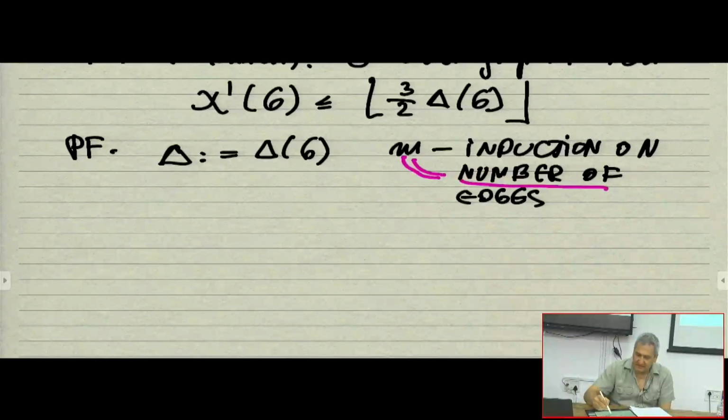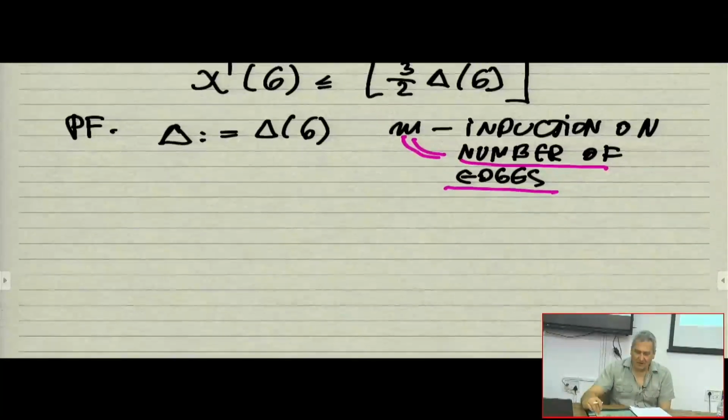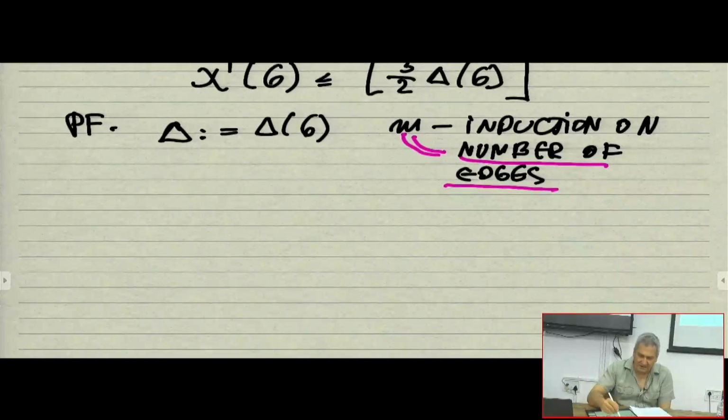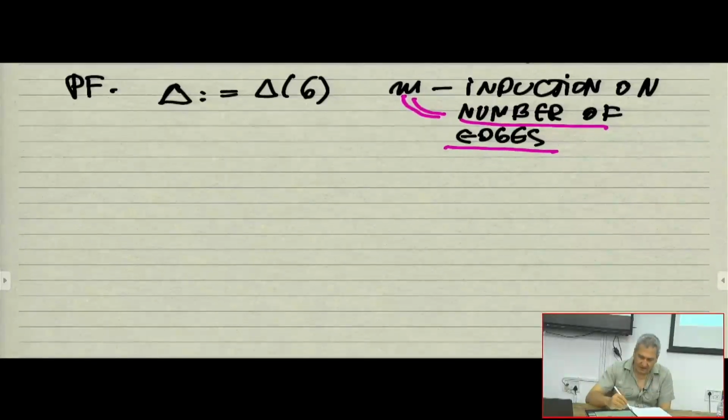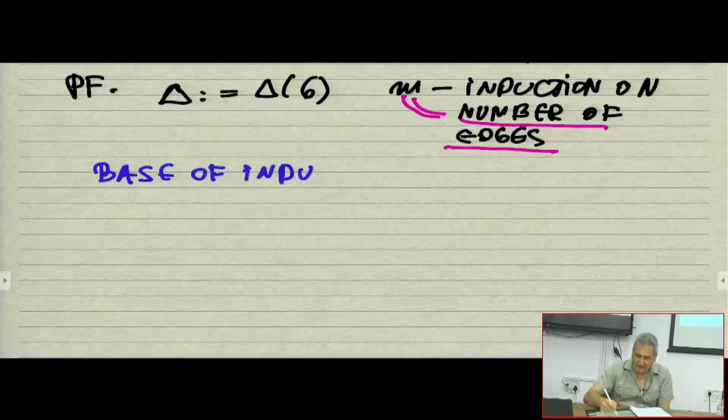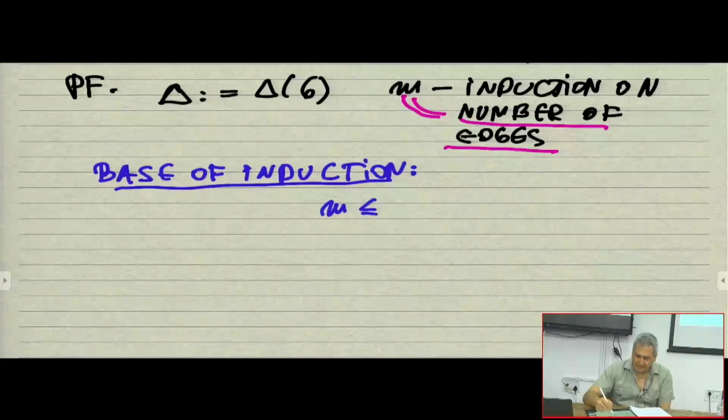Now the base of induction: if the number of edges is at most 3 delta over 2, then we are done.